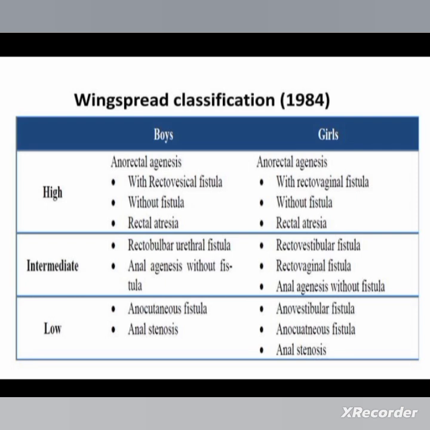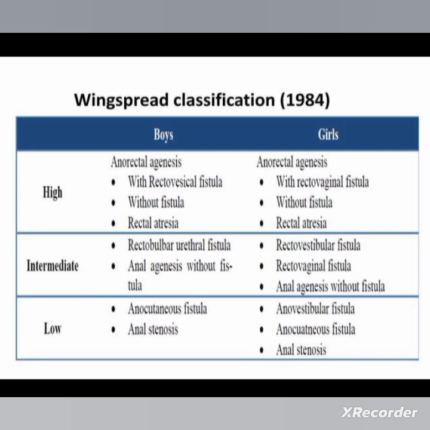In the intermediate type of anorectal malformation, in boys, it is associated with rectobulbar urethral fistula or anal agenesis without fistula. In girls, it will be rectovestibular fistula, rectovaginal fistula, or anal agenesis without fistula. In the low type of ARM, in boys, usually anocutaneous fistula and anal stenosis.